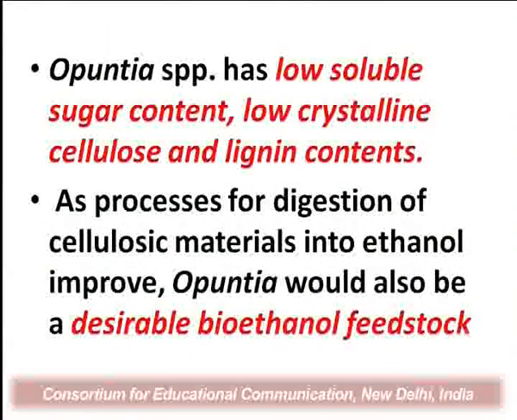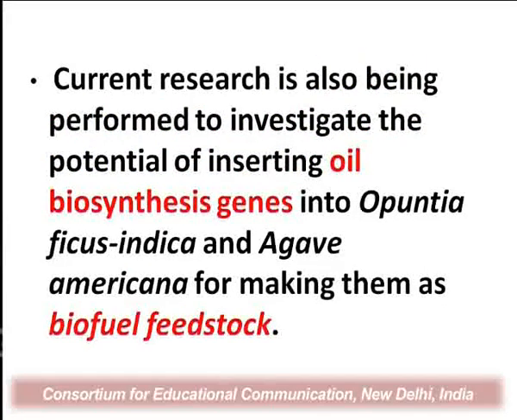What is required for an ethanol biofuel feedstock is a low soluble sugar content, low crystalline cellulose and lignin contents. So as the processes for digestion of these cellulose materials into ethanol improve, Opuntia will definitely become a desirable bioethanol feedstock.